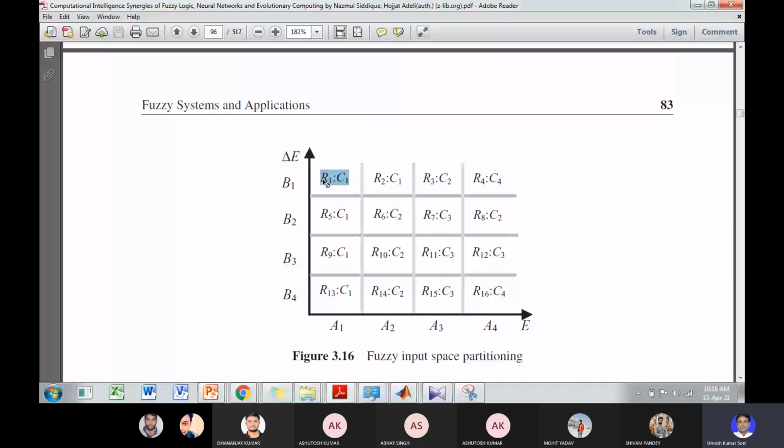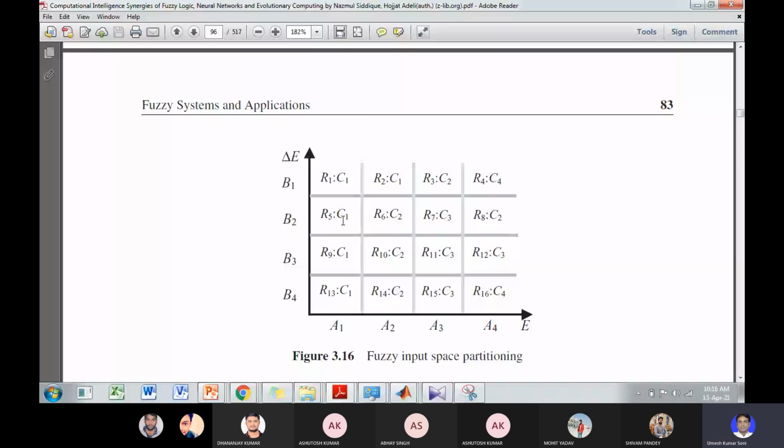Okay, so this is the space partitioning of the input output space. Here you have A1, B1, C1, and when the error is A2, it finds that the output should be the C2 membership function.